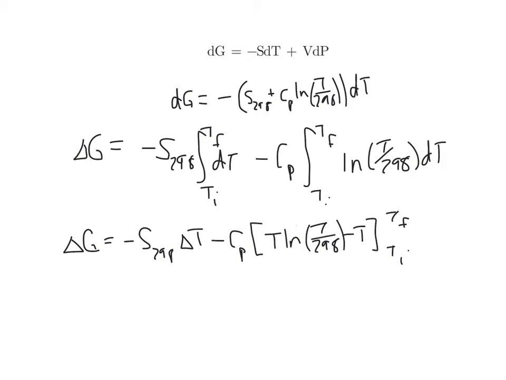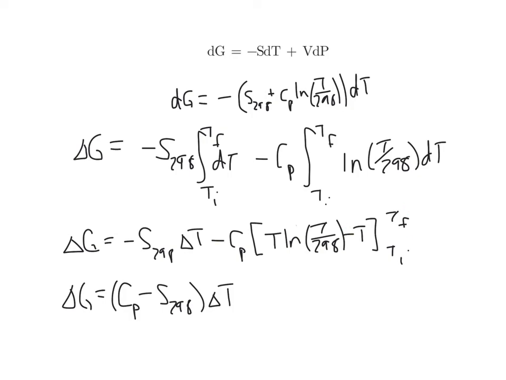And so I end up with delta G is equal to C sub P, minus S at 298, that quantity times delta T. I get this from this term, minus S at 298 delta T, and the term that results from taking C sub P times T evaluated from T final to T initial.